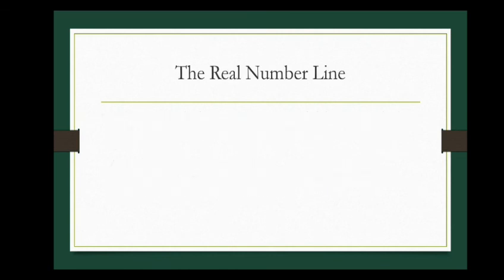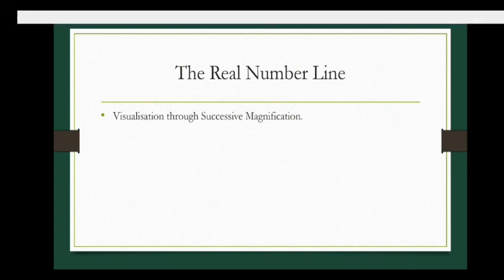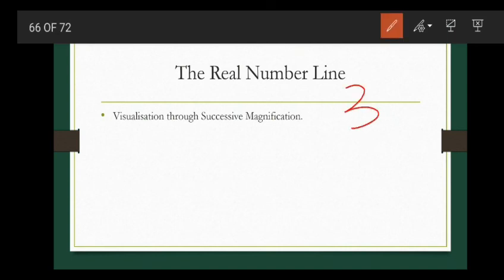Now we will see how to represent numbers on a real number line. We can use visualization through successive magnification. This is one of the methods to represent real numbers on a real number line. What is successive magnification? Suppose we have to represent 3 on a number line. 3 is a real number, right?